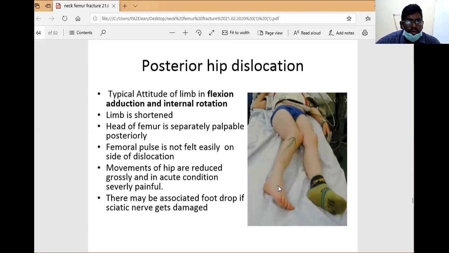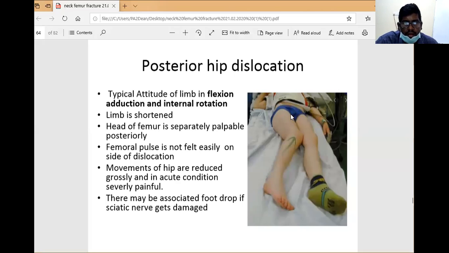There is shortening of the lower limb, and if you palpate the gluteal region, a prominence of the head is felt. If you palpate the femoral pulse at the Scarpa's triangle, it is not felt, because the head of the femur is not in the acetabulum. To palpate any pulse, there must be a bony prominence below it.